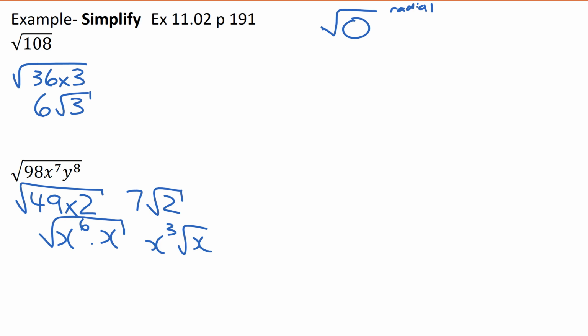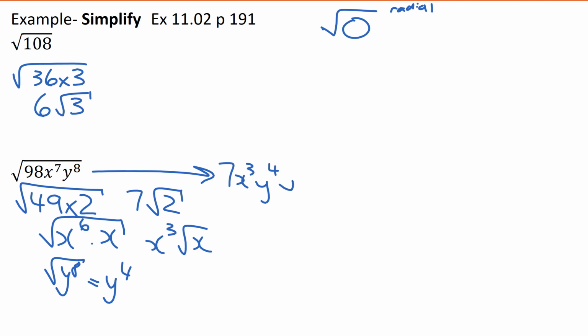Can you see that? And y to the power of 8 is just y to the power of 4. So this one here, as a surd, would be 7x cubed y to the 4 square root of 2x. You guys happy with that?